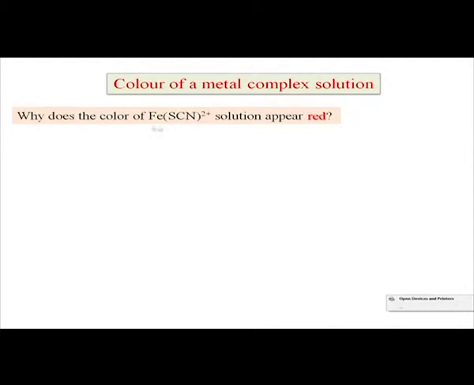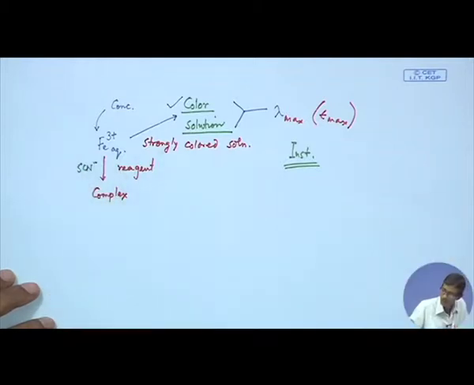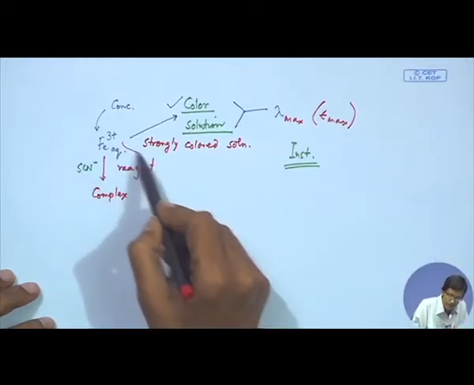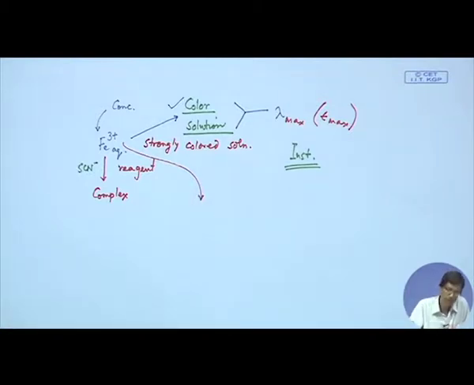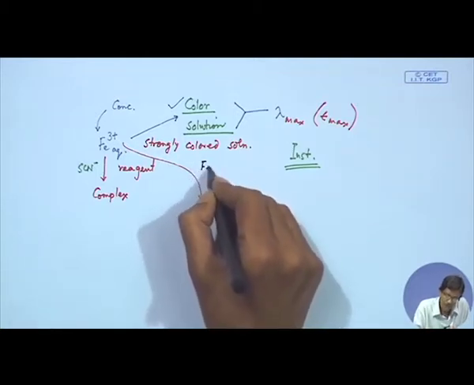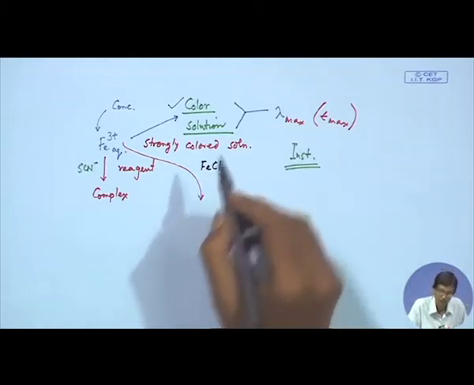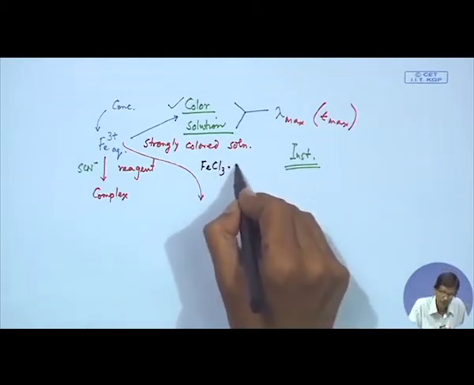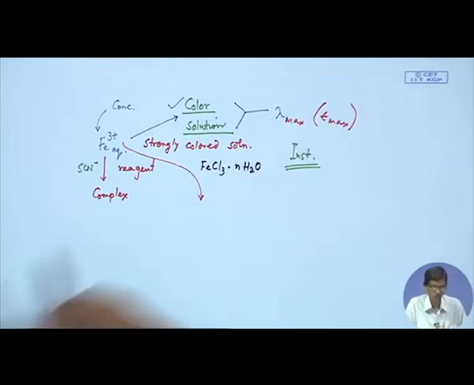It is the first species forming in the solution from the reaction of Fe3 plus with SCN minus. How do we get this aquated species? We know the salt available in the laboratory has some number of water molecules in it, that is, water of crystallization, which you do not have to bother about.